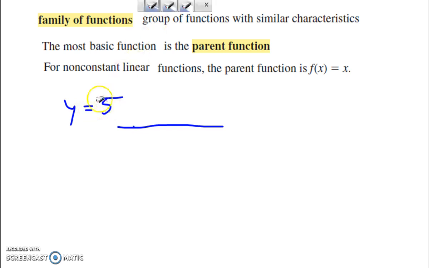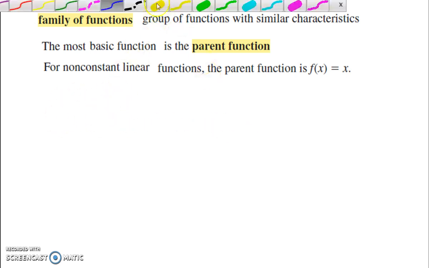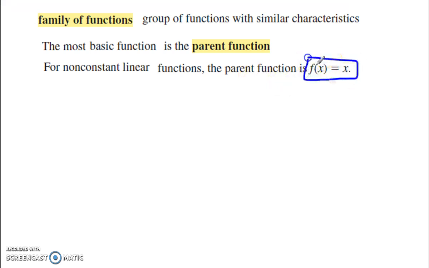So anything where it's not y equals 5 or y equals 2 or something like that, the parent function is f of x equals x. Now remember that f of x is just a nickname for y. So y equals x. That is the parent function of linear functions.